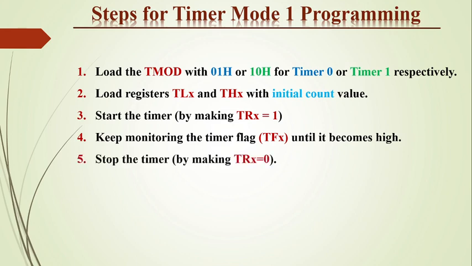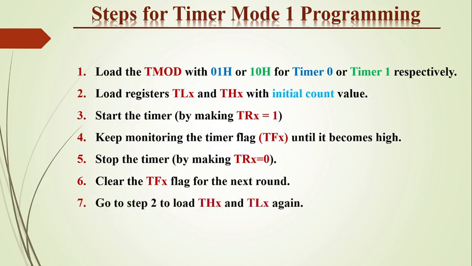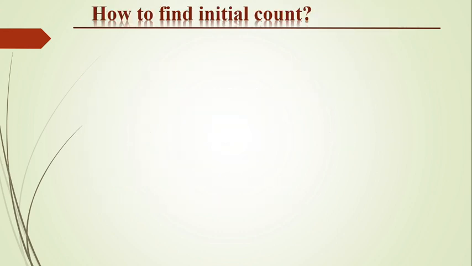After overflow, when this flag becomes high, we have to stop the timer by making this TRX bit equal to 0. Then for the next round, we have to clear the flag TFX, and if we want to continue, go to step 2 to load THX and TLX again with the initial count.